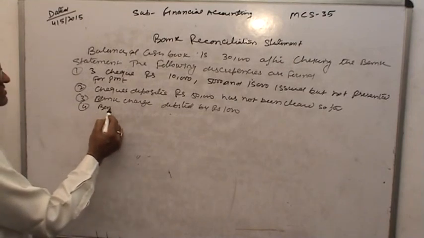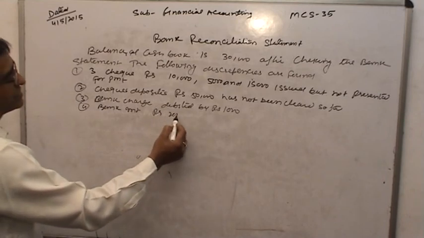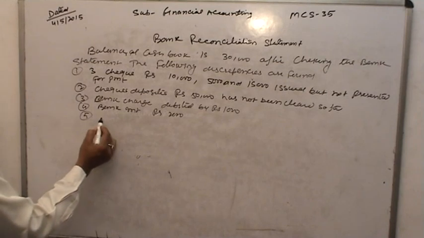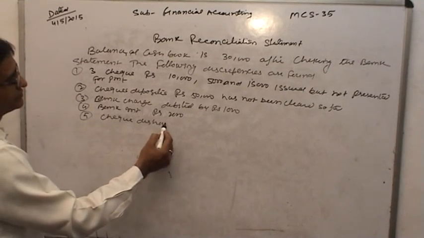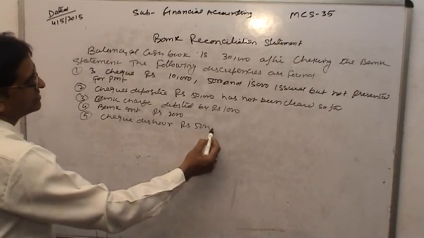Bank interest rupees 2,000. Check dishonor rupees 5,000.